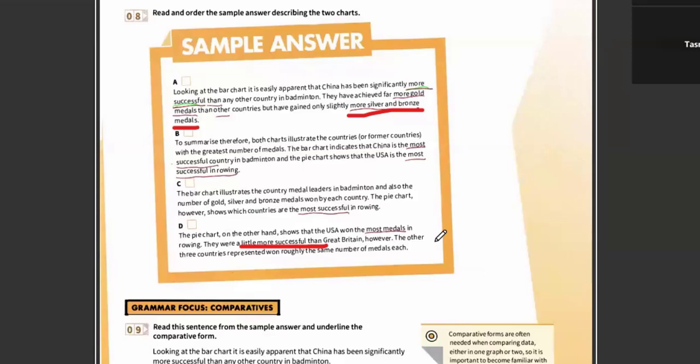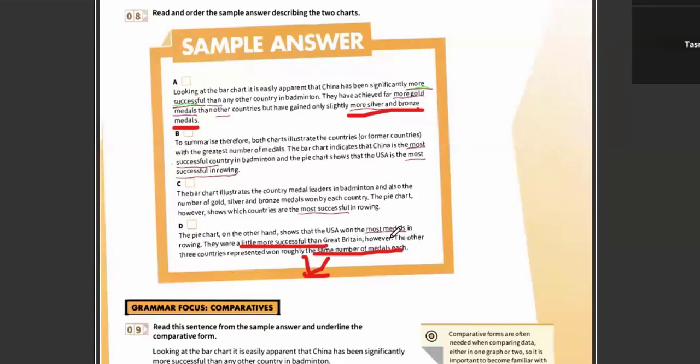Okay, I'll give you the answer. That is the same number of medals each. The other three countries represented won roughly the same number of medals each.